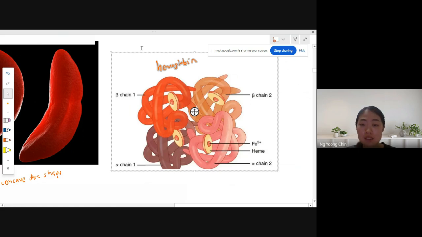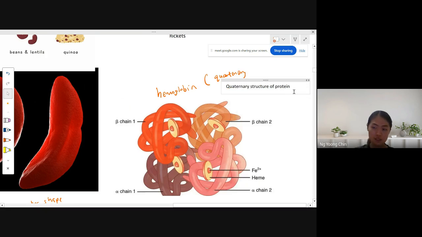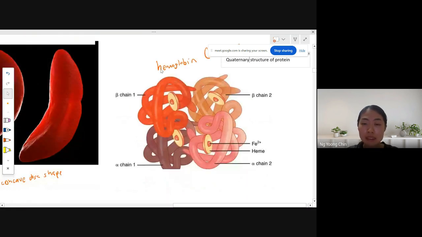So hemoglobin is a protein. It has the quaternary structure of proteins. Hemoglobin is comprised of 4 polypeptide chains.